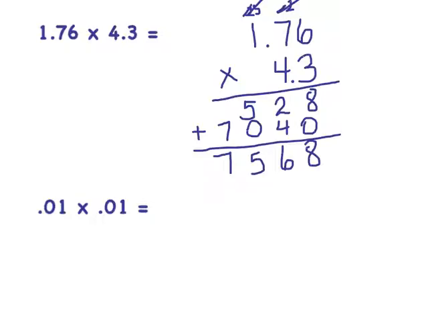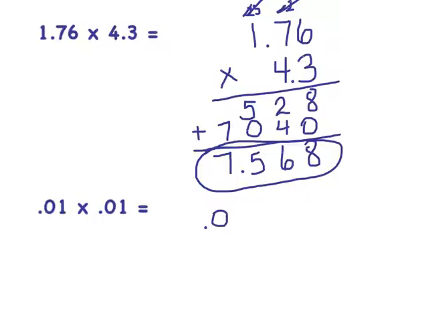I'm going to go back up into my factors, and I'm going to see that I have 1, 2, 3 digits total to the right of the decimal point. So I'm going to go over 1, 2, 3 places in my product and put my decimal point. And then my final answer would be 7 and 568 thousandths.